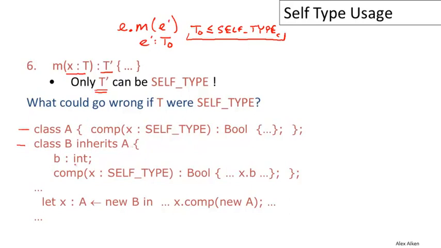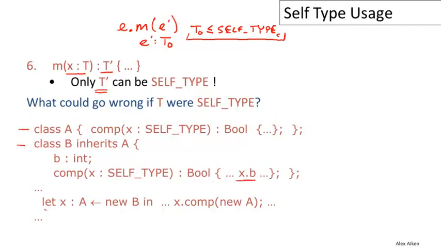It inherits from A, and it has one new field, little b here of type int. And now the comparison function in class B is overridden. It has the same signature as the comp function in class A, but the method body here accesses the field b.